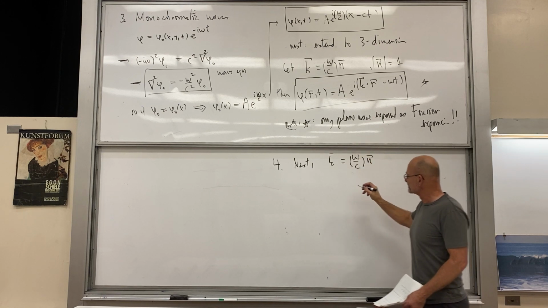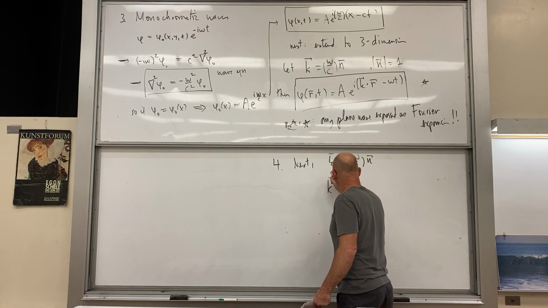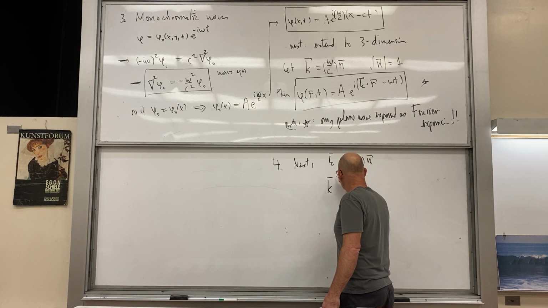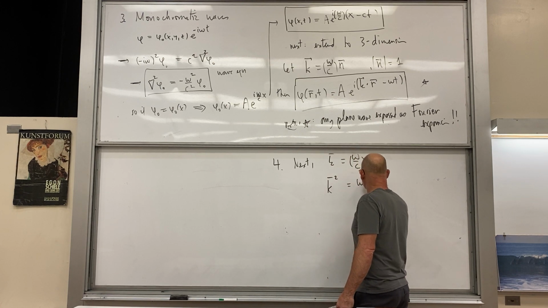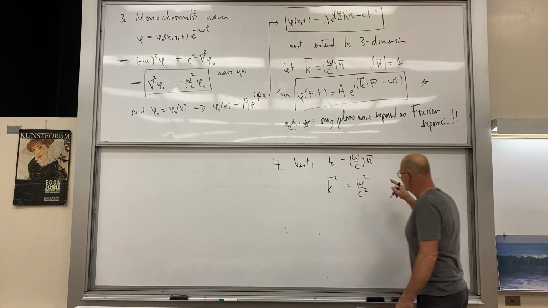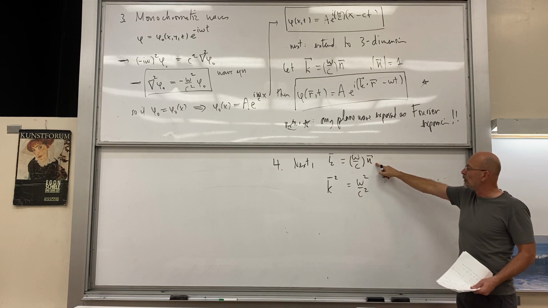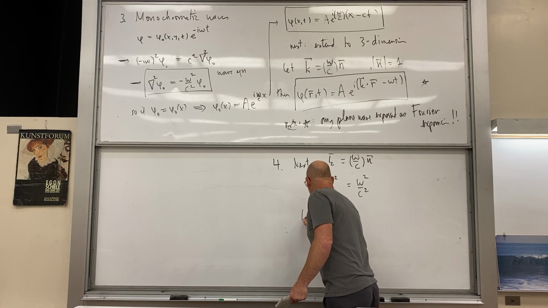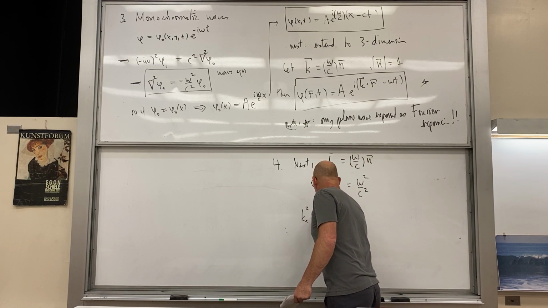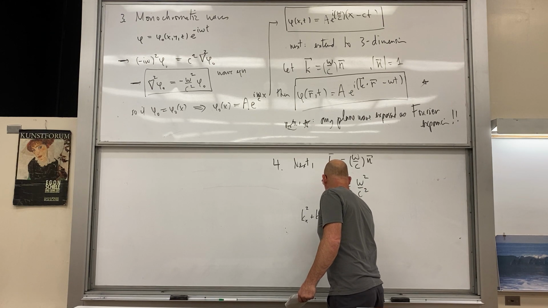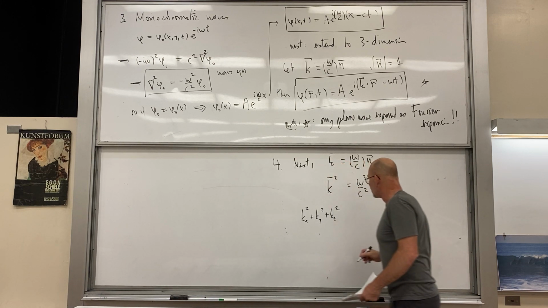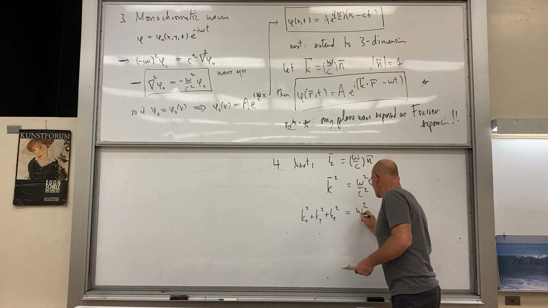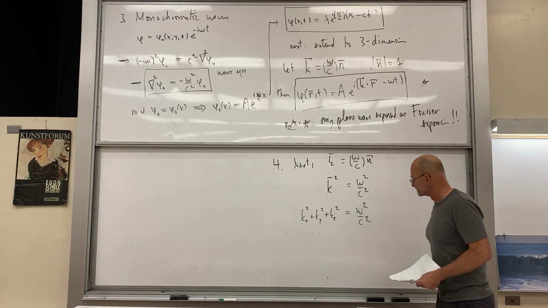Okay, so we would have k squared equals omega squared over c squared. Now this n squared is just equal to 1. So we can also write kx squared plus ky squared plus kz squared is just equal to omega squared over c squared.